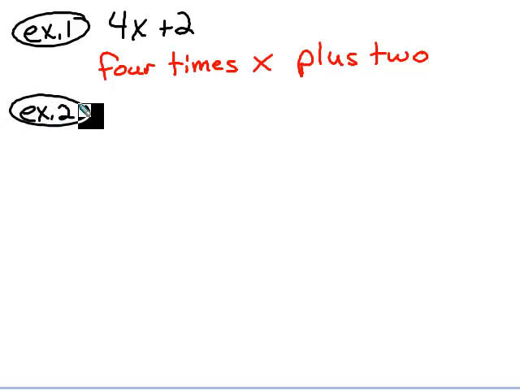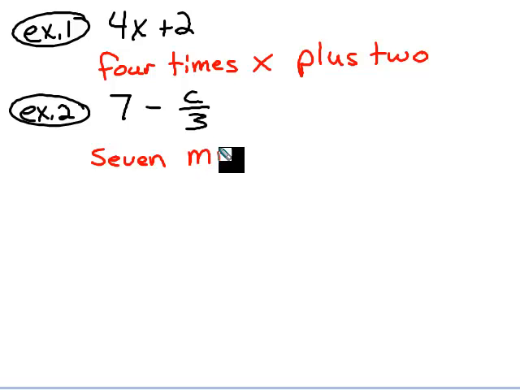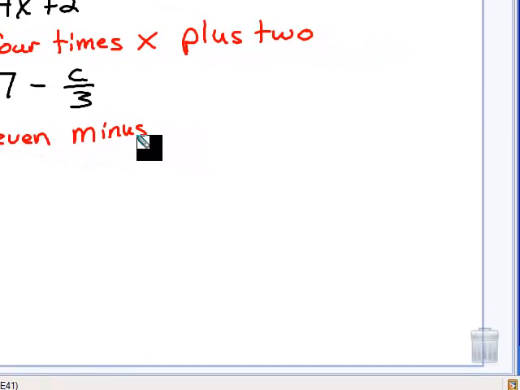Example number 2. How about this one? How do I write that in words? Well, let's give it a try. What's that first number? 7. Someone write 7. What's that little symbol? That's the minus symbol. Minus. And how do I write this?